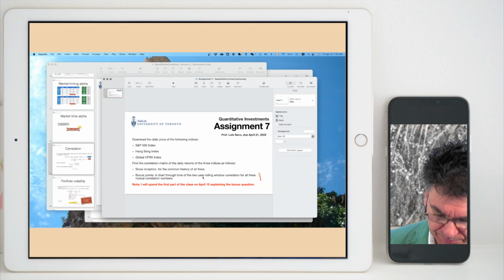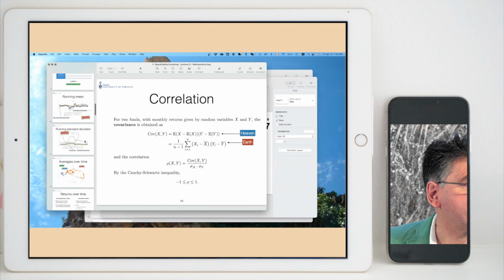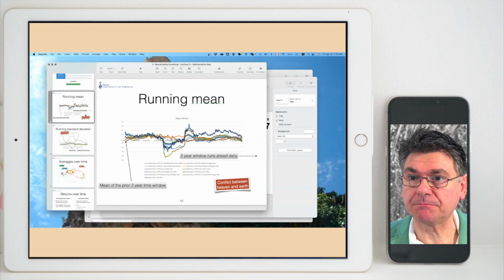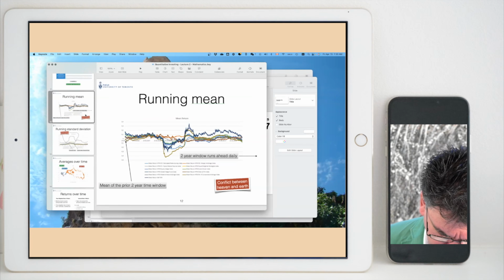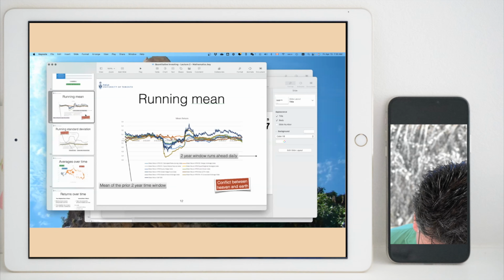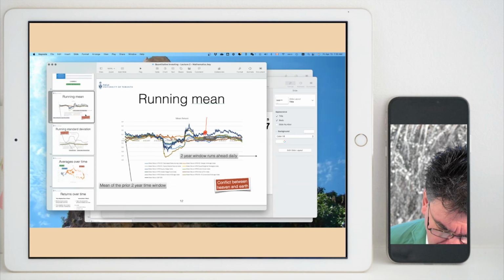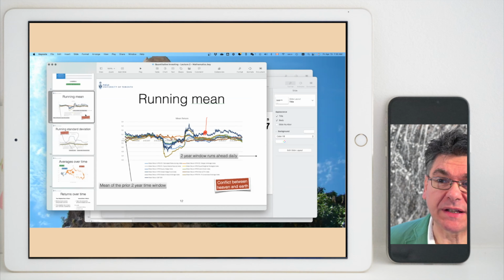And for that, I want to remind you of something we already saw. It's here. Remember we saw that? What was this? When you look at a point, a number, this number here, what is this number? This number is the mean of the time series 2 years before it.